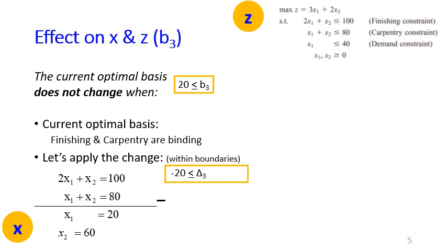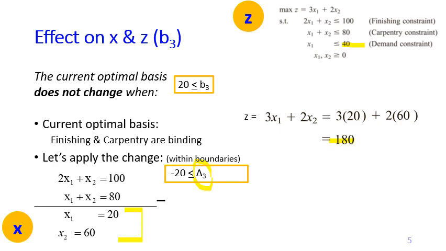Now for the third constraint, the demand constraint, if you compute the values of x1, x2, they are not affected by the change in the demand. Okay, so here you can see that when you calculate the z value, it is still just 180 without any delta term involved. So in other words, the shadow price of the demand constraint is 0.